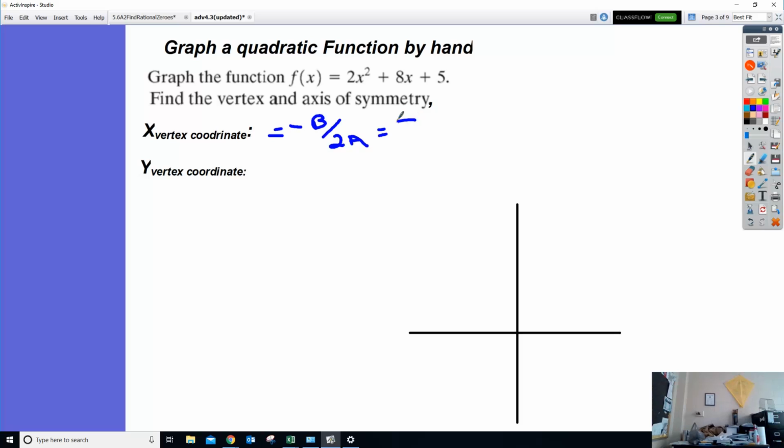I'm pretty sure that's right. You have a -8 over twice the 2. That gives you the x value. How do you find the y value if you know the x value? One of those things some kids will miss.